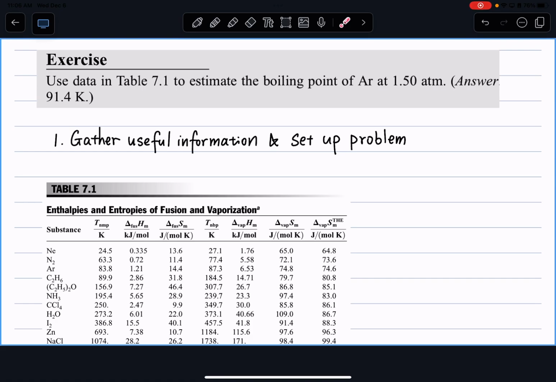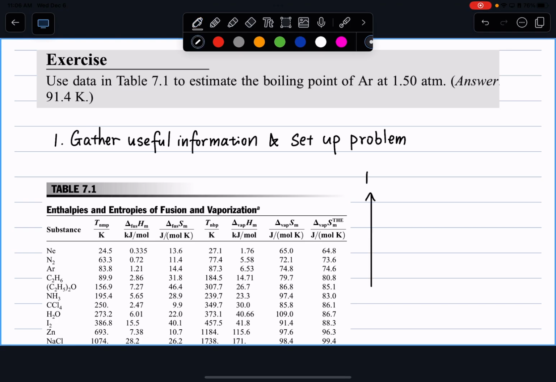So what we have in this question. Again, the first thing is we want to set up our problem, right? So if we write our diagram here, we have pressure, we have temperature. Some of the things we know, for example, by reading the table, let's find argon first. That's too big. Okay, so let's find argon.